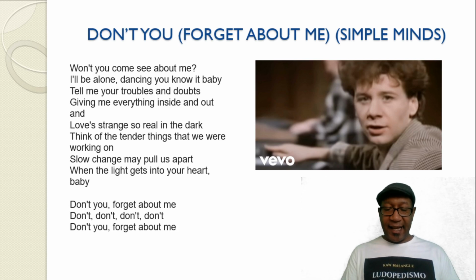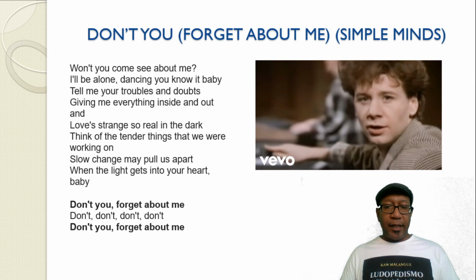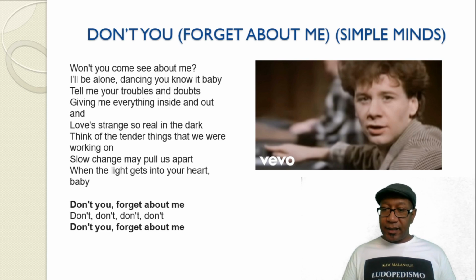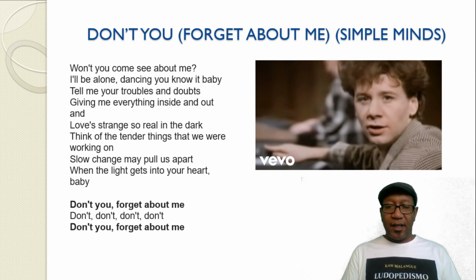But in these lyrics, it is a way to emphasize the one I'm addressing. So it's a reinforcement of what I want to say, right? And here we have Don't You Forget About Me. The lyricist could use Don't Forget About Me, right? But as a way of emphasizing that I'm talking to somebody specifically, I can use the pronoun.